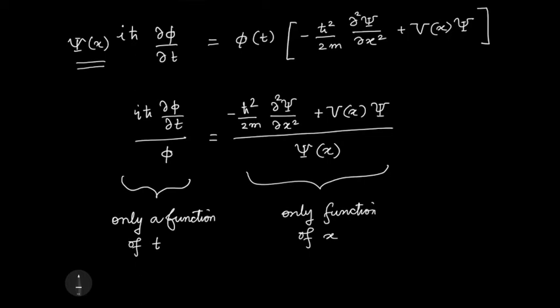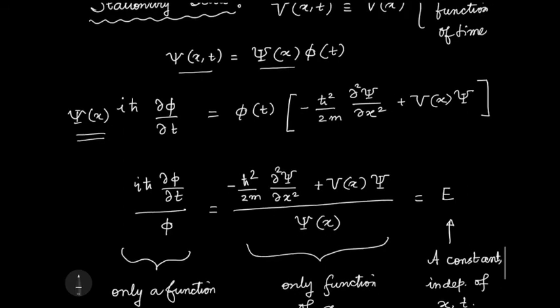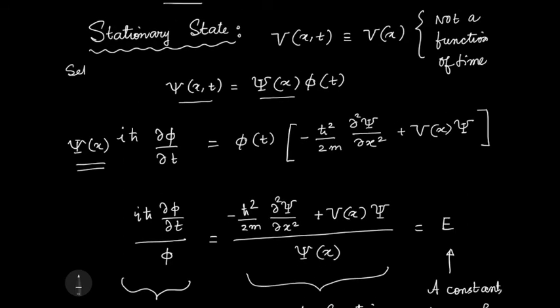So if I give you two functions which are equal, but the left hand side doesn't depend on x and the right hand side doesn't depend on time, the only thing they can be equal to is a constant, which I call energy, a constant. Constant means independent of both x and t. So this method is called method of separation of variables.